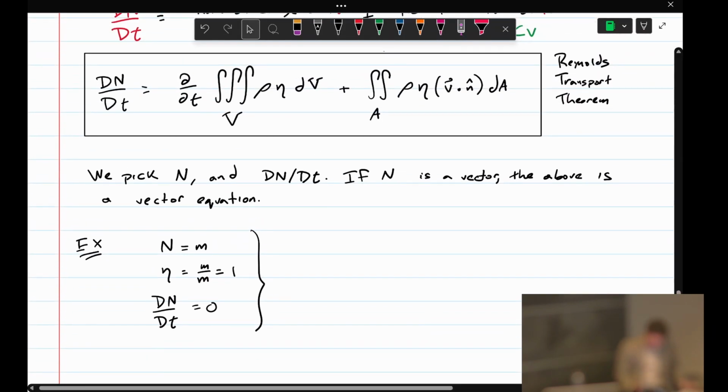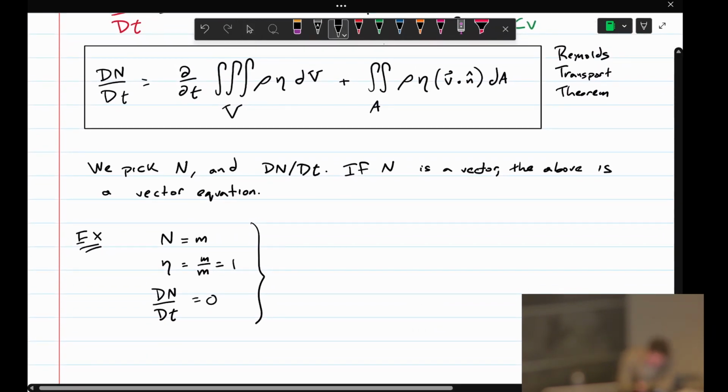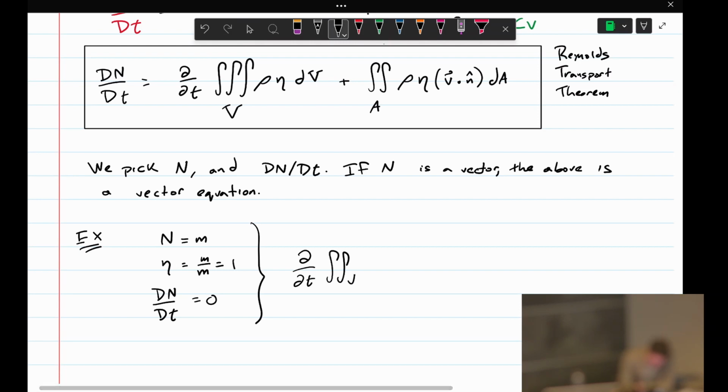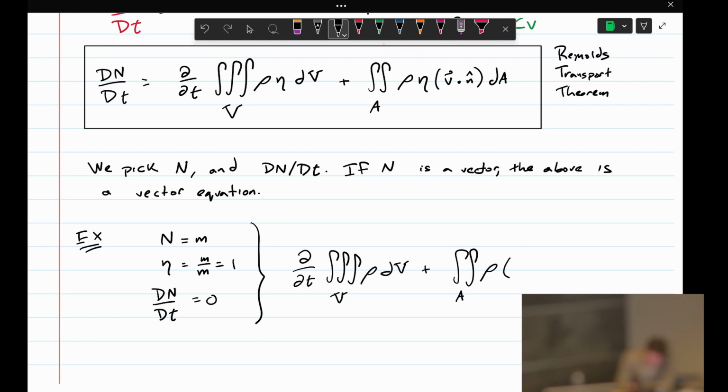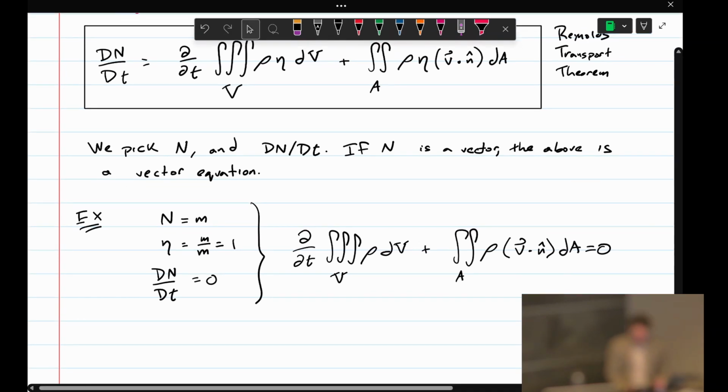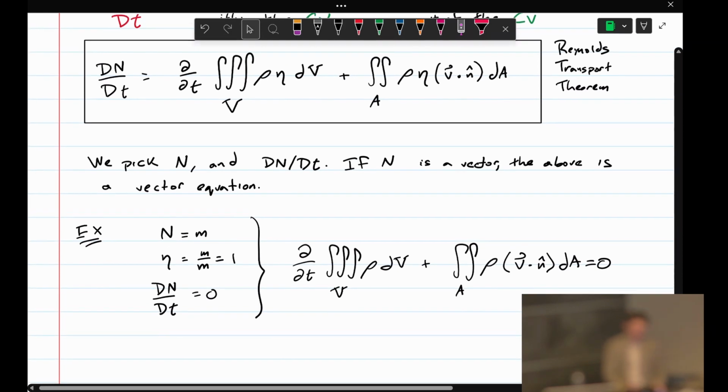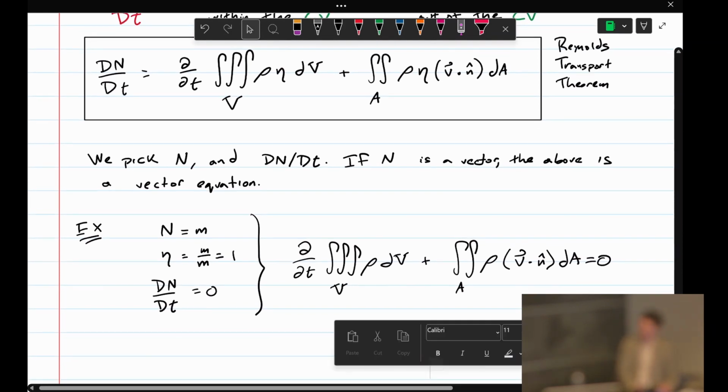If you substitute these three things into the above, you get partial by partial t of the volume integral. So eta is just 1. That's how you get conservation of mass using the Reynolds transport theorem.